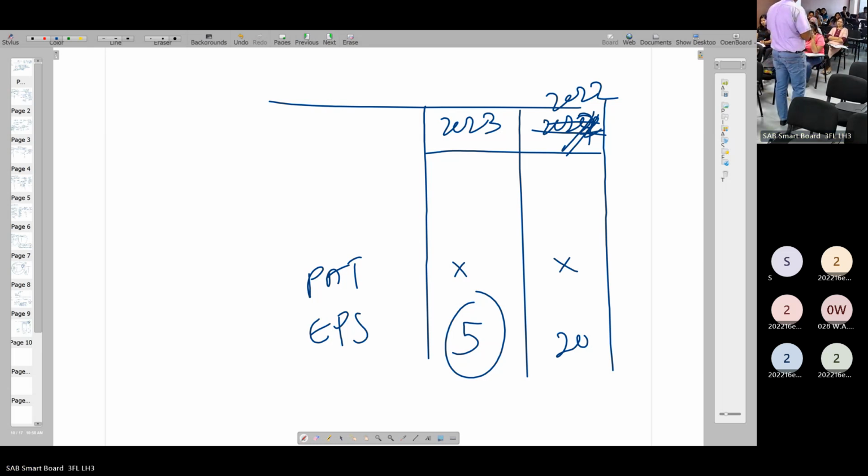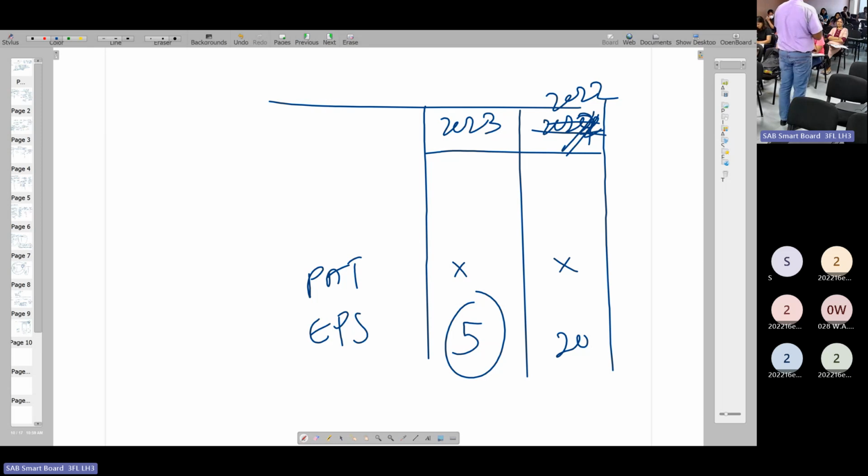Rights issue: existing shareholders are given the facility to purchase a certain number of shares at a lesser price, lesser than market price. That is the benefit given.